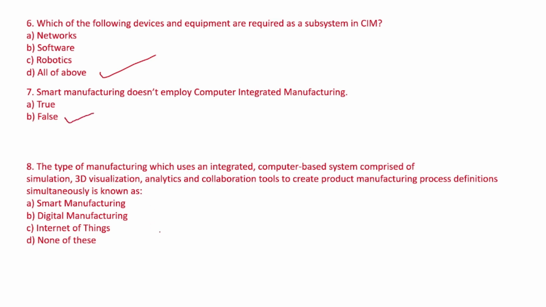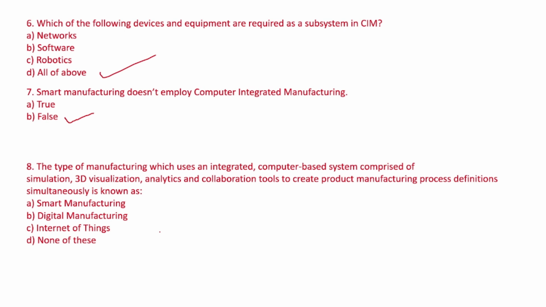Now the next question is: the type of manufacturing which uses an integrated computer-based system comprised of simulation, 3D visualization, analytics, and collaboration tools to create product and manufacturing process definition simultaneously is known as. Just now I have explained the term. You can tell, right?